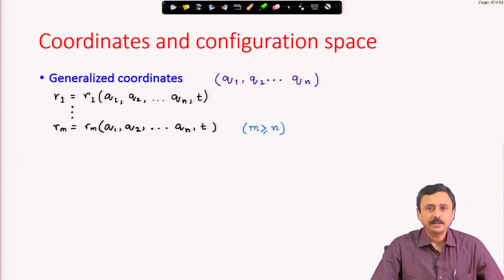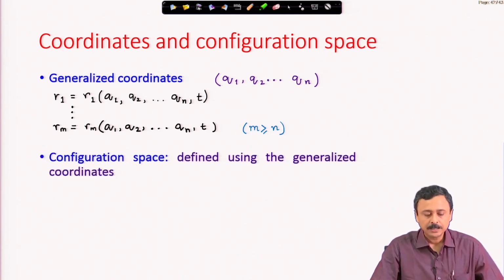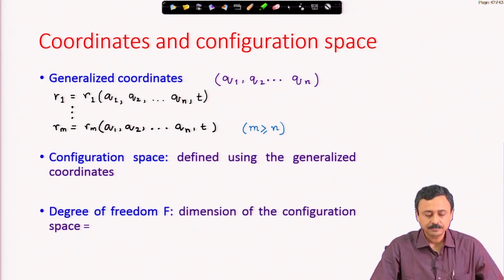Definitely m must be greater than or equal to n. The number of physical coordinates must be greater than or equal to the number of generalized coordinates. Now, configuration space is defined using the generalized coordinates as we have already discussed. The degree of freedom of a dynamical system is the same as the dimension of the configuration space of the dynamical system. This we have looked at.